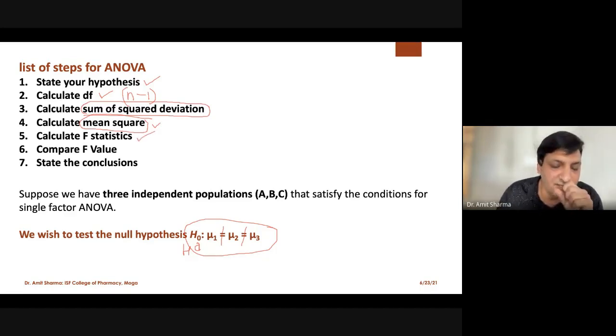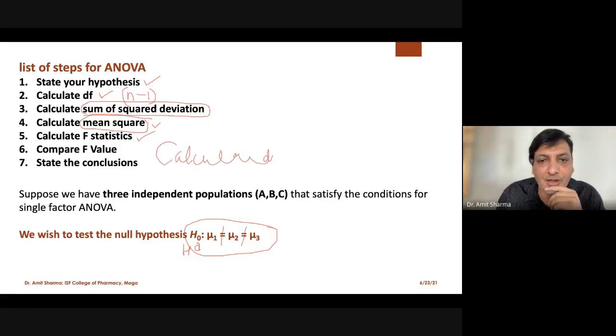This F statistic you have to compare with the value given in the table. So the calculated value, the value which we are going to calculate, is compared with a critical value.